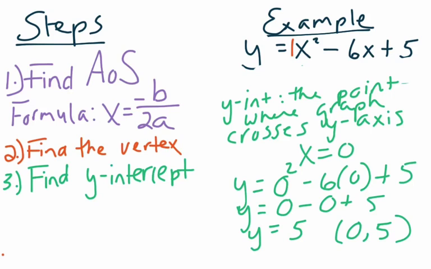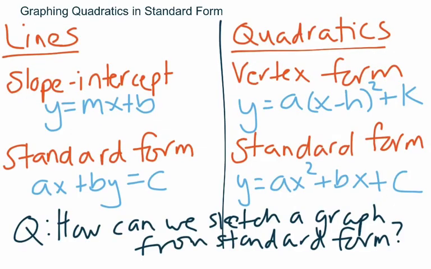Now, there is a shortcut for this, okay? If you have an equation that's in standard form, so let's go back here to standard form, and you plug in a 0 for x, what will happen to ax squared? It'll be 0, because you'll have something times 0. And then if you put a 0 in for this x, it will also be 0, because you'll have something times 0.